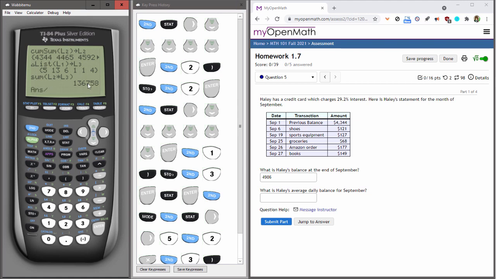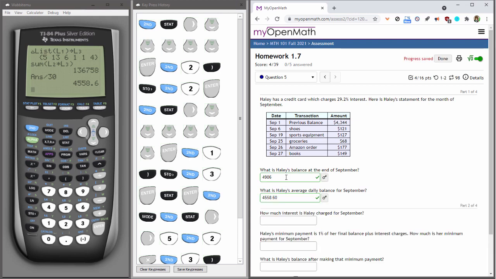And then I divide that by the number of days in September, which is 30. And again, if you're not sure what I just did on the calculator, go back and watch that other video about finding the average daily balance on the calculator.